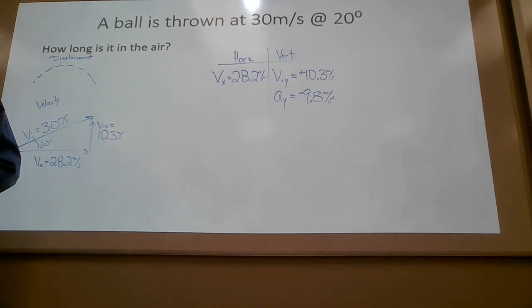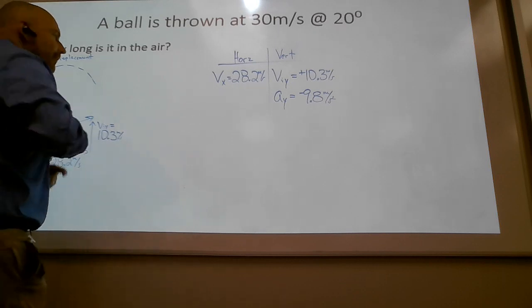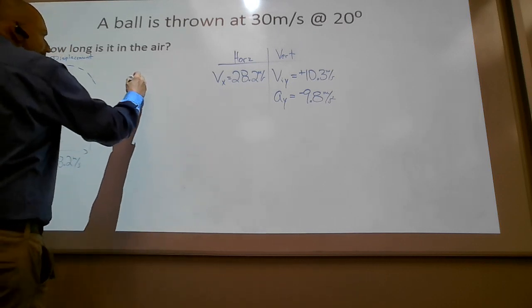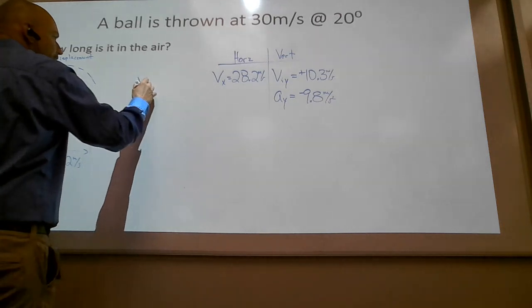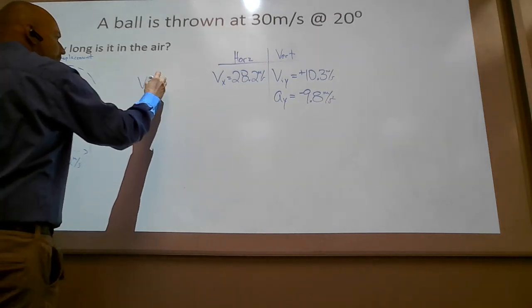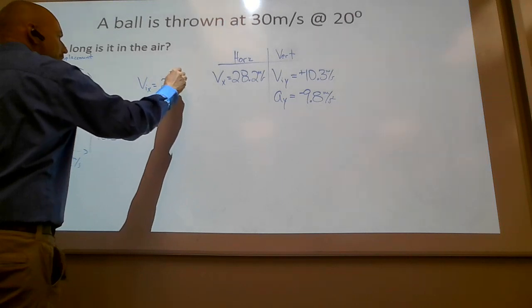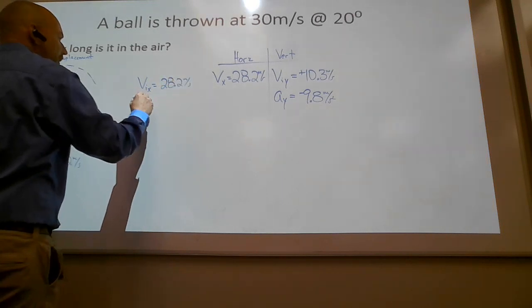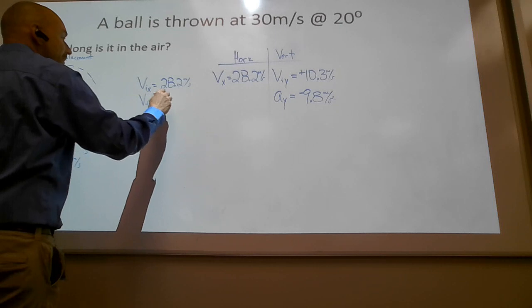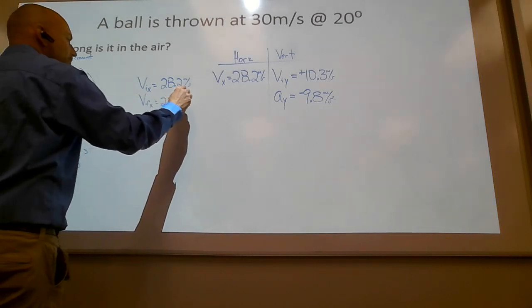How are we doing so far? Okay. Some people like doing this. I'm fine with it. This isn't necessarily my preference, but whatever. They say initial horizontal velocity is 28.2 meters a second, and your final horizontal velocity is still 28.2 meters per second.